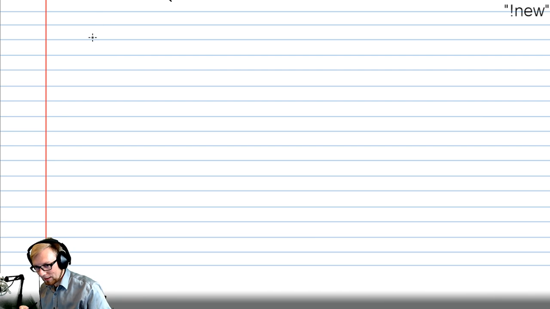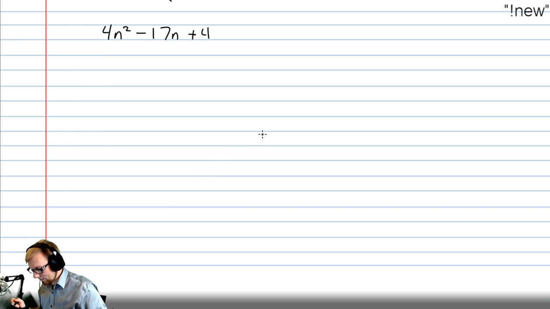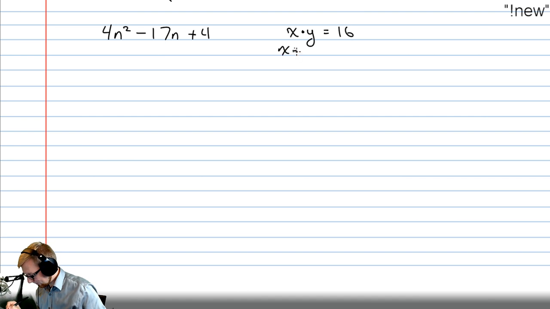Okay, Raj, we are doing 13. You can't really factor anything out. Good. So go ahead and multiply a times c. Which is 16. And then they have to multiply to get 16, but add to get negative 17.